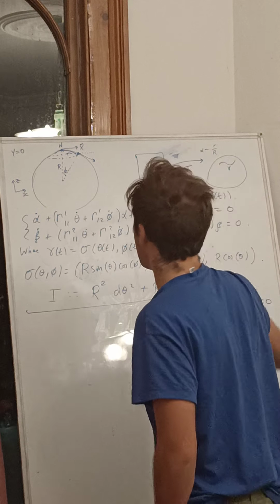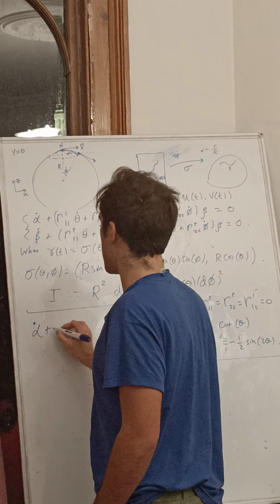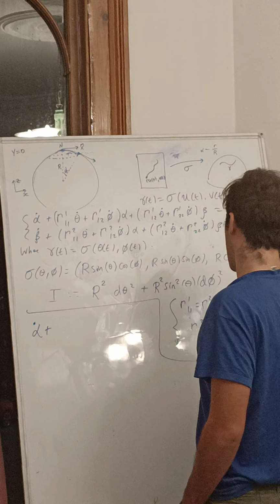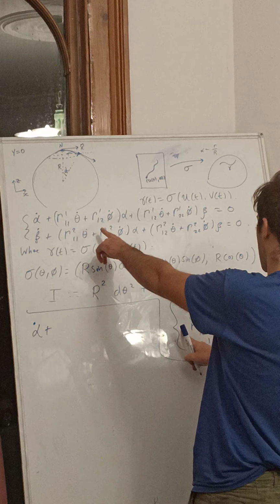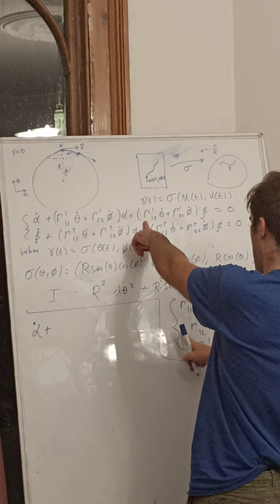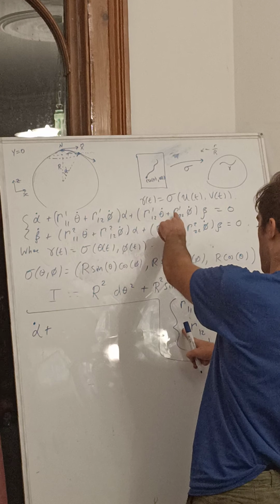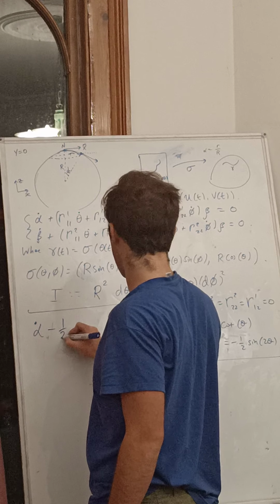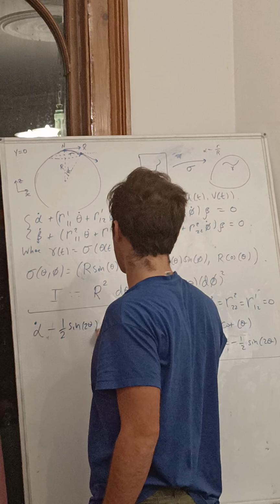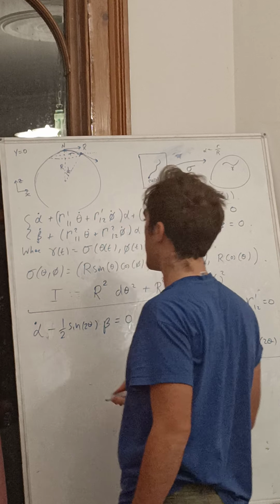So, the first equation, what does that simplify to? What's the only non-zero term there? This is 0, this is 0, this is 0, this is non-zero. So it's alpha dot minus a half sine 2 theta beta equals 0.